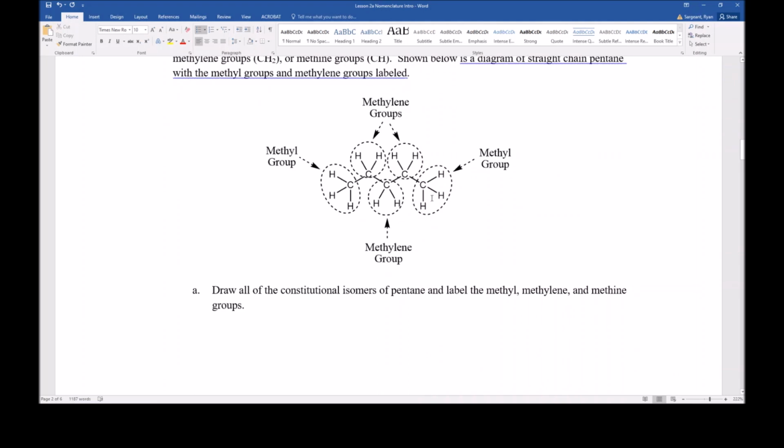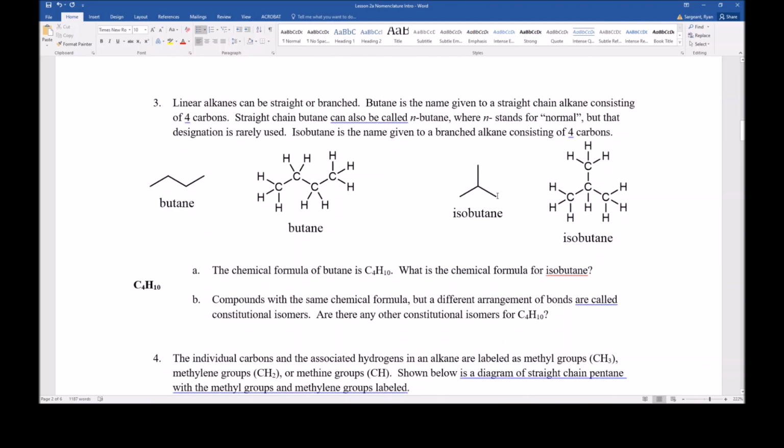Okay, so any carbon that has 3 hydrogens connected to it is called a methyl group, and a carbon with 2 hydrogens is called a methylene group. You can have a carbon with 1 hydrogen, and this particular compound doesn't have any, but if you have a carbon with 1 hydrogen, it's called a methine group. If we go back up to isobutane, in the Lewis structure, you can see the methine carbon right there.